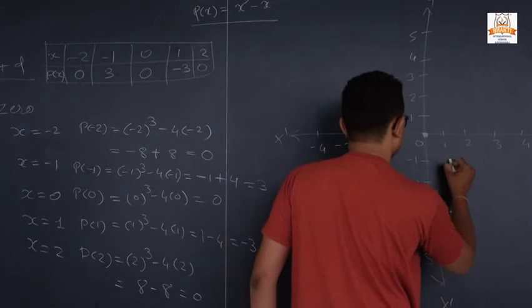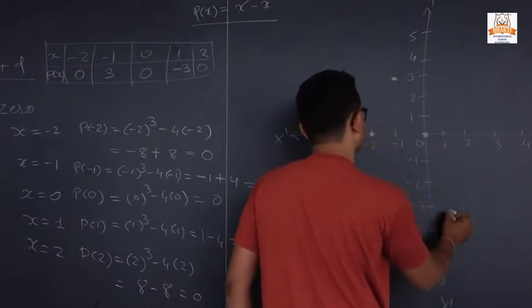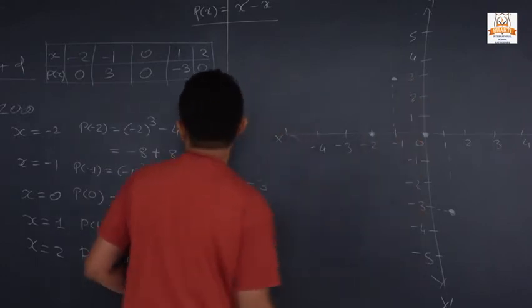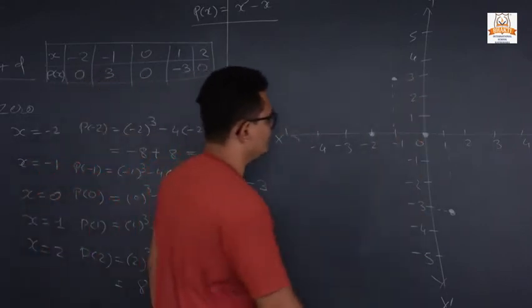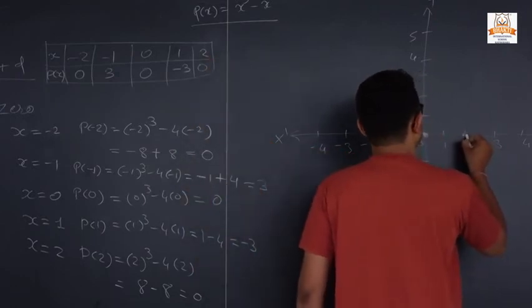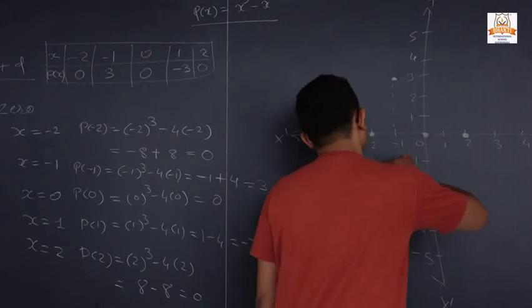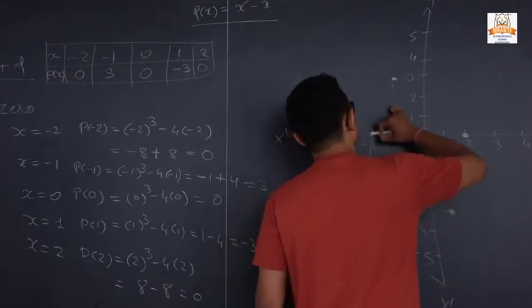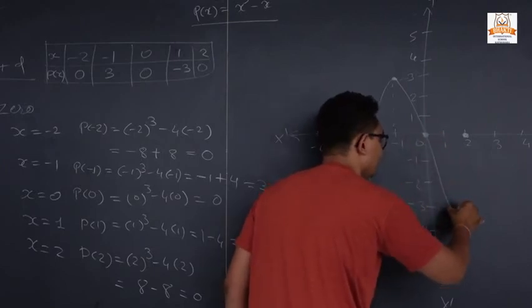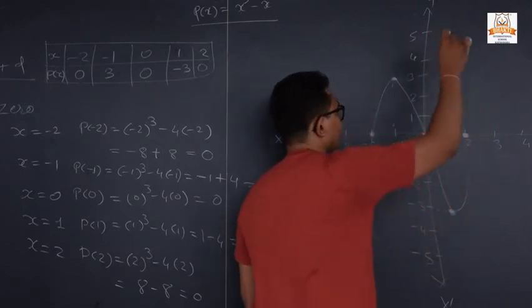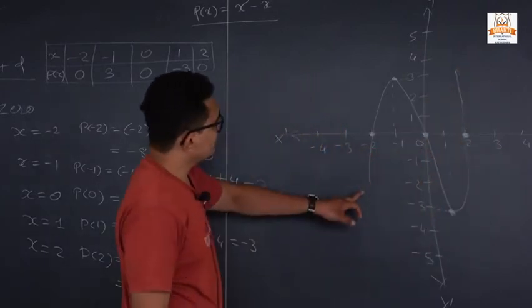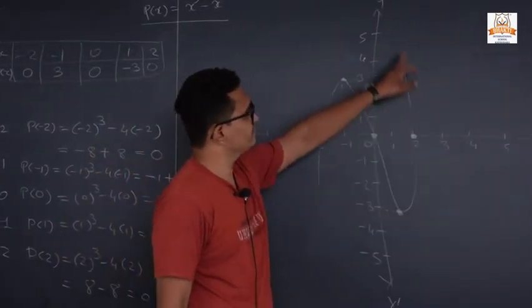So both are matching here: 1 and 3. Next 2 and 0. So once again at plus 2 the answer is 0. So the shape of the graph is like that. Clear? The shape of the graph is like that.